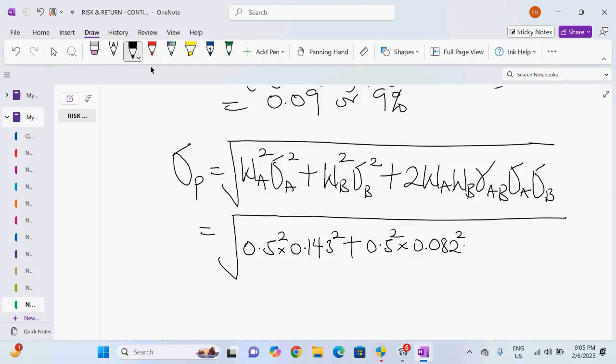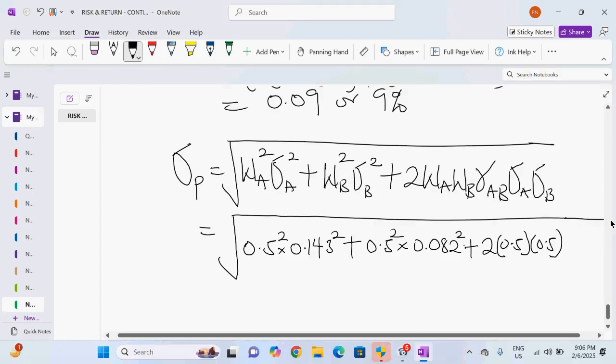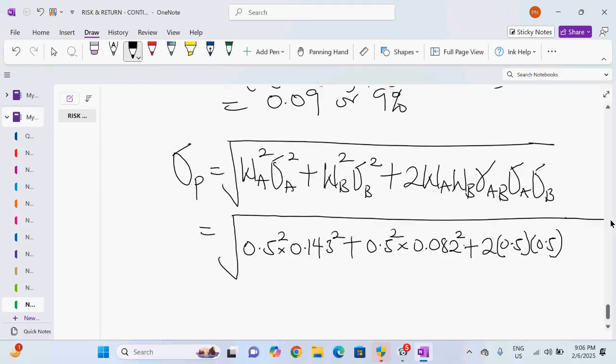If you have put this in brackets it's nicer, but anyway, let's continue. Plus 2WA. What is the W? It is 0.5 weight times 0.5, times 0.5. And then correlation coefficient is how much? Negative 0.998.